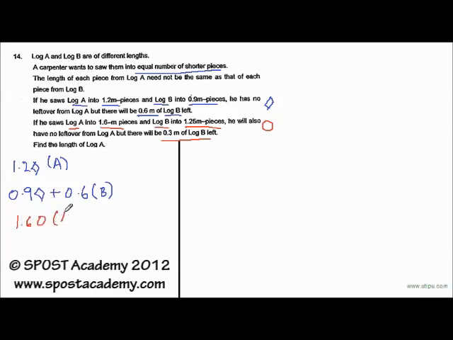This is for A. While the length of log B is 1.25 meters times the circle, which is the number of pieces, plus a remaining 0.3 meters, and this is B.